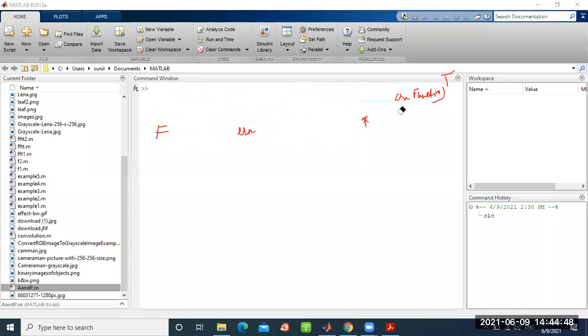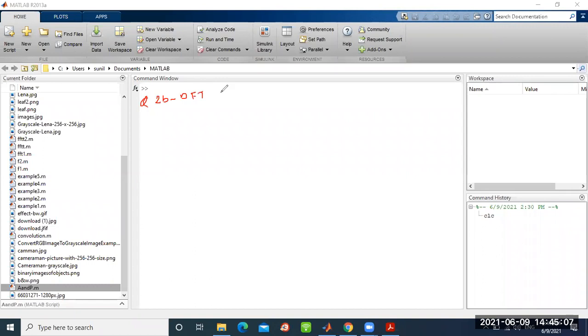Okay. So let me put the question. Now write down. Suppose I ask you to find the 2D DFT of the given matrix.